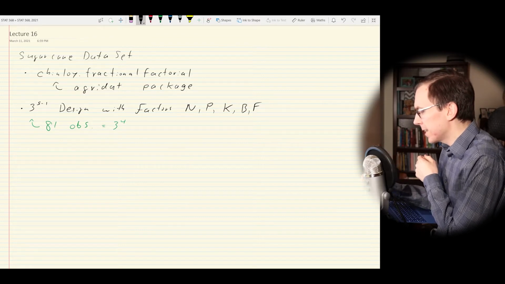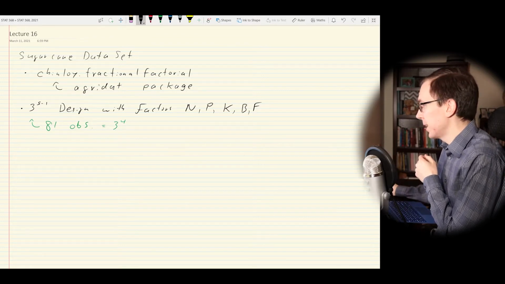And what that means is that there is one aliasing relation here in our data.